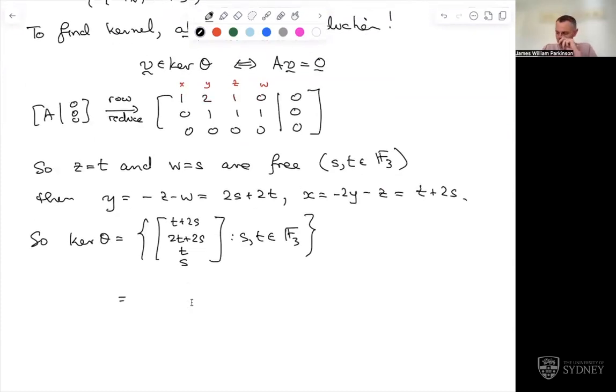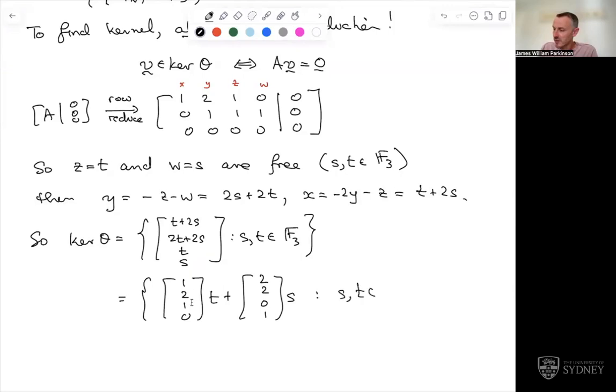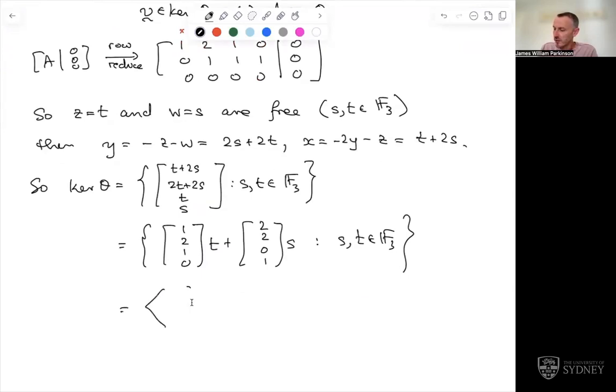But I guess I should write that in a nicer way. That's a span of two vectors, (1, 2, 1, 0) times t plus (2, 2, 0, 1) times s, with s and t in F3. So that's indeed the span of (1, 2, 1, 0) and (2, 2, 0, 1). Good. And it's also clear that the vectors you'll get this way by solving this way are definitely linearly independent.